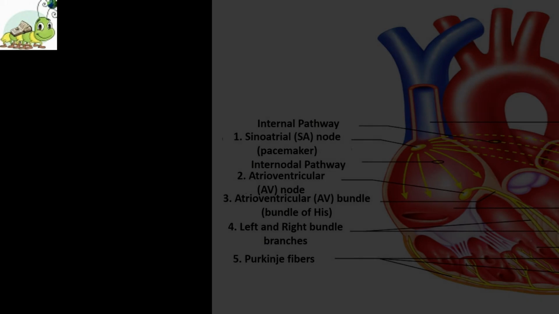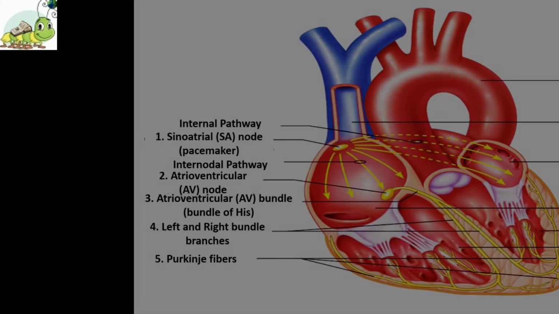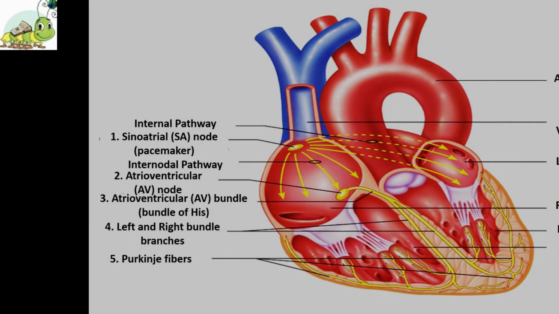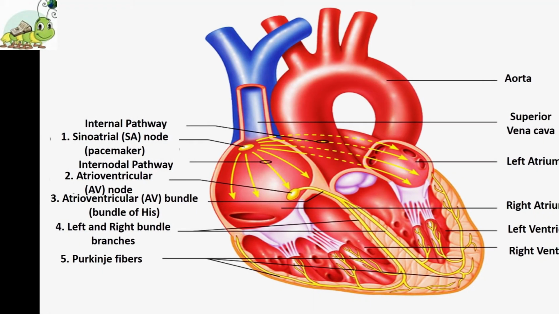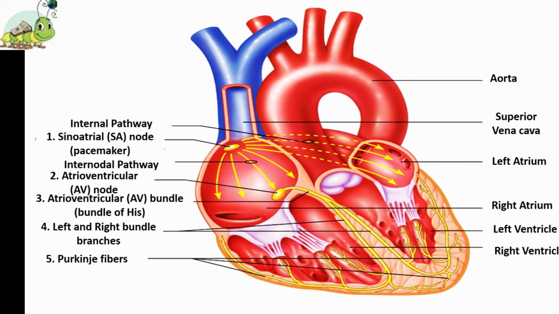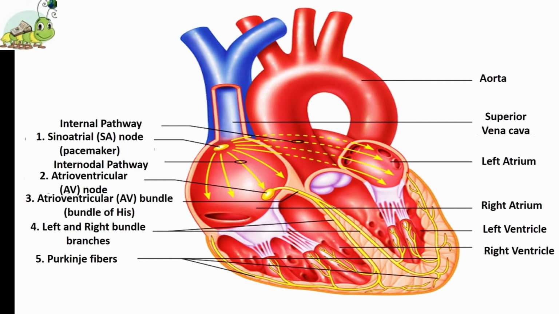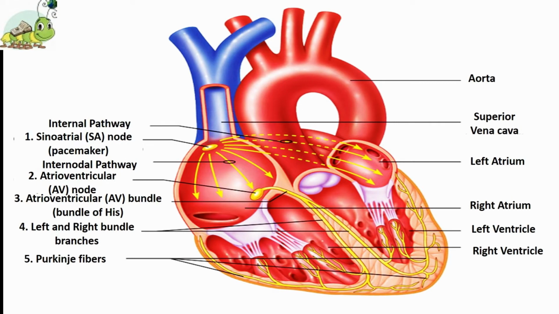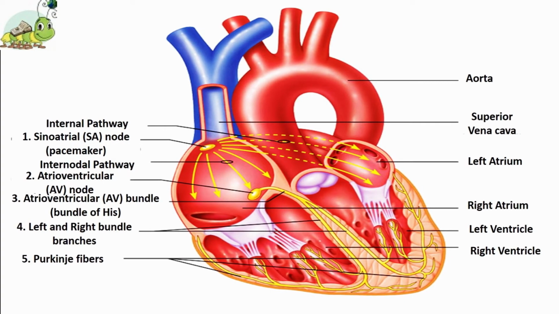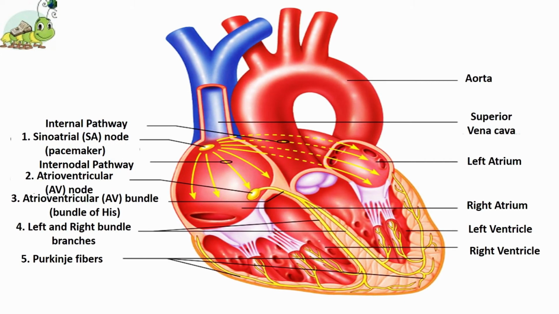Now, we learn about the control of heartbeat. Both the SA node and the AV node are capable of generating spontaneous action potentials. However, the SA node usually sets the pace because it fires more frequently than the AV node: 70 impulses per minute compared to 50 impulses per minute.